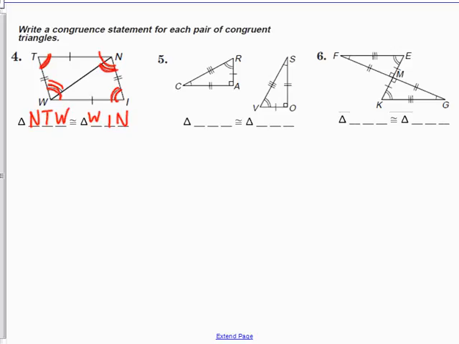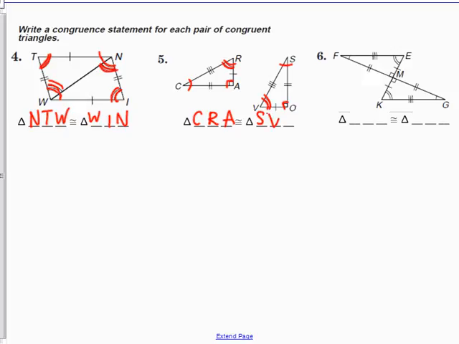Number 5. Okay, I've got angle 1, 2, and then I've got a 90. Okay, so I can do that. C, R, A. Okay, so I want 1, 2, and then the 90.